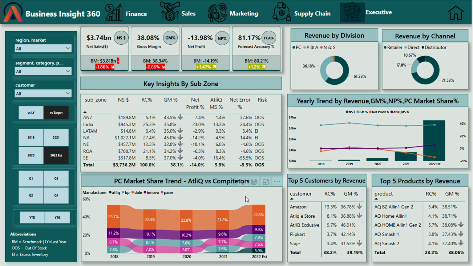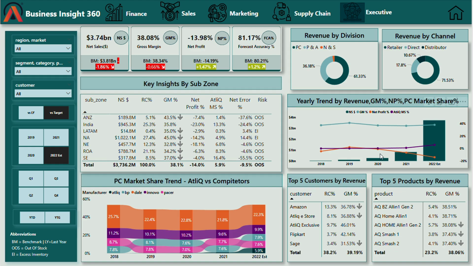So that's why we have created this particular ribbon chart, and these, BP, Dell, Innova, and Pacer, are AtliQ competitors, and we have AtliQ market share of 5.9%. And similarly we have top 5 customers and products.